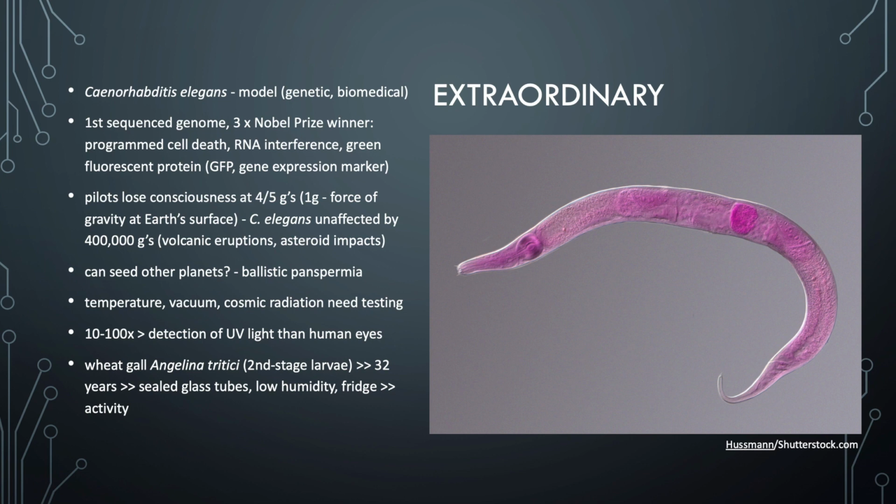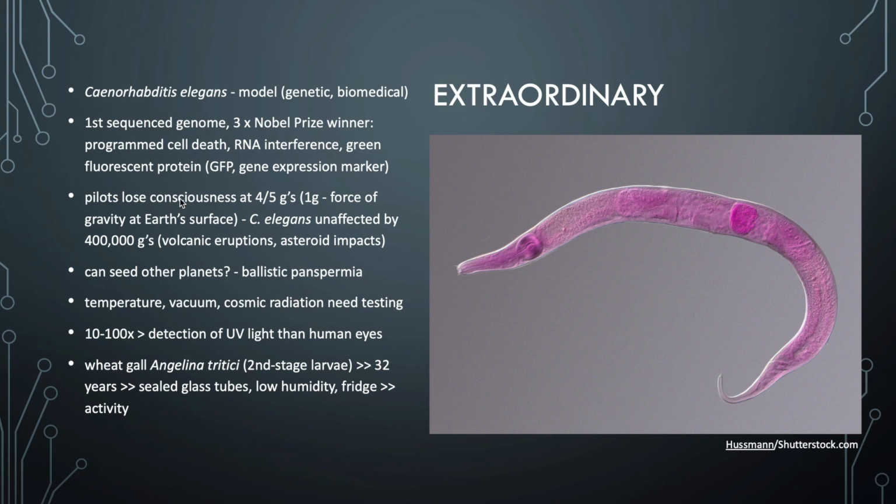It is the first ever sequenced genome of any animal and has been the winner of the Nobel Prize 3 times, and that includes studies in programmed cell death, in RNA interference, green fluorescent protein discovery, which is a gene expression marker that's used. So a lot of these discoveries have been made thanks to this simple, but really not so simple, C. elegans nematode that is a very common soil-dwelling organism.